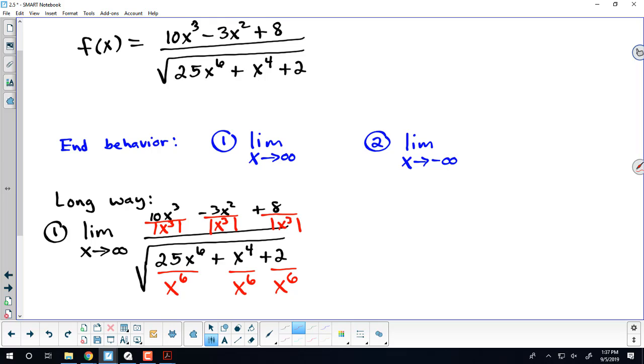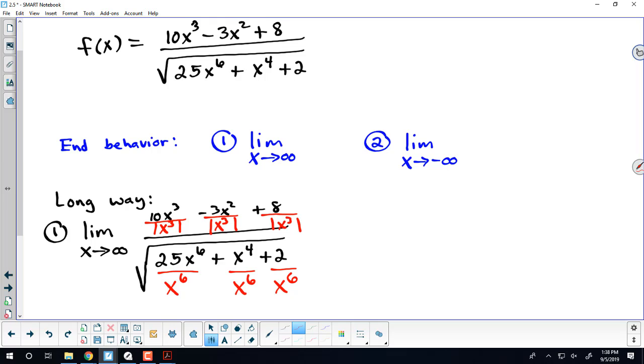And then do we need the absolute value here on this piece to compute the limit at infinity? No. Why don't we need the absolute value on x cubed here? Because we're dealing with positive values going towards positive infinity. Right, because x is approaching a large positive number.